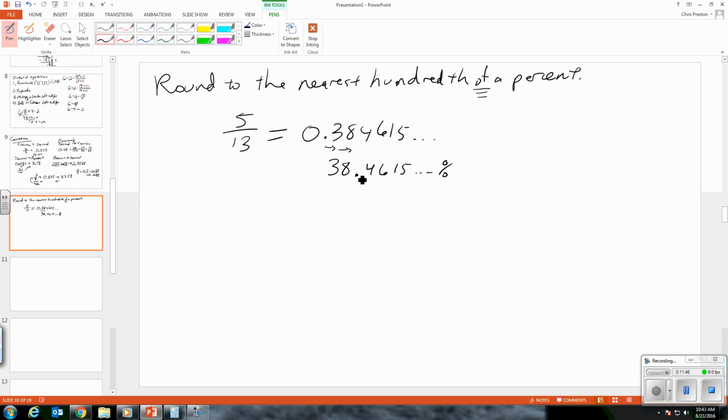So notice now this is the decimal, this is the tenths, this is the hundredths. That's where I'm going to round my number. And since this is a 1, if this digit is between 0 and 4, this stays a 6. If this digit is 5 to 9, it goes up. So this is 38.46%, approximately. Again, it's not exactly that because I rounded.